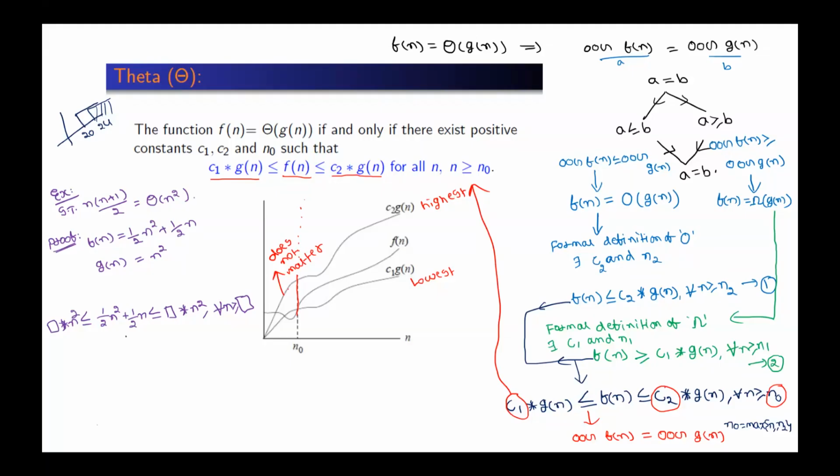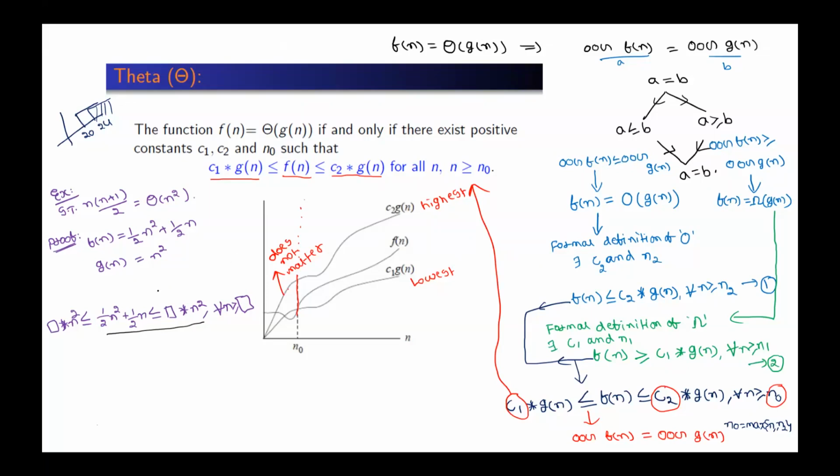One by 2 into n square plus 1 by 2 into n is less than or equal to, you look at the right part. Here, C2 is 1. I'm just telling one constant. C2 is 1.